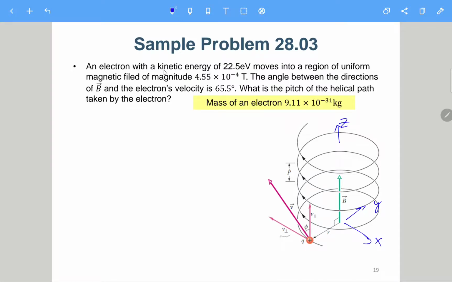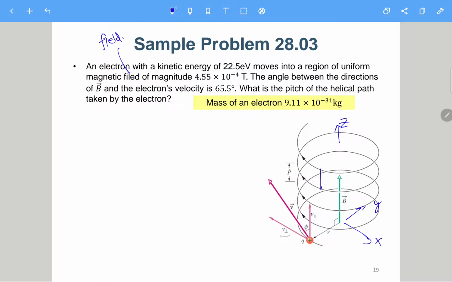An electron with a kinetic energy of 22.5 eV moves into a region of uniform magnetic field of magnitude 4.55 times 10 to the minus 4 Tesla. The angle between the direction of the B field and the velocity is 65.5 degrees. What is the pitch?